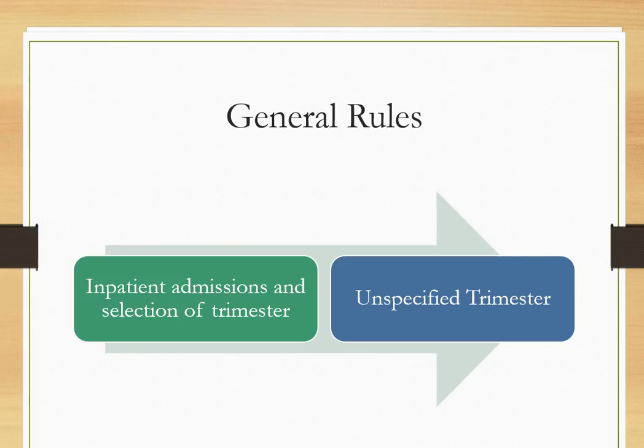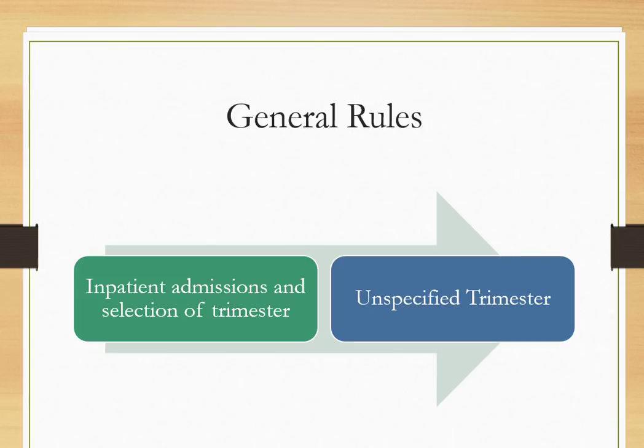Now, let's talk about situations where the patient is admitted to the hospital for complications of pregnancy in one trimester, but then remains in the hospital into a subsequent trimester. The trimester for the antepartum complication code should be assigned based on when the complication developed, not the trimester at the time of discharge.